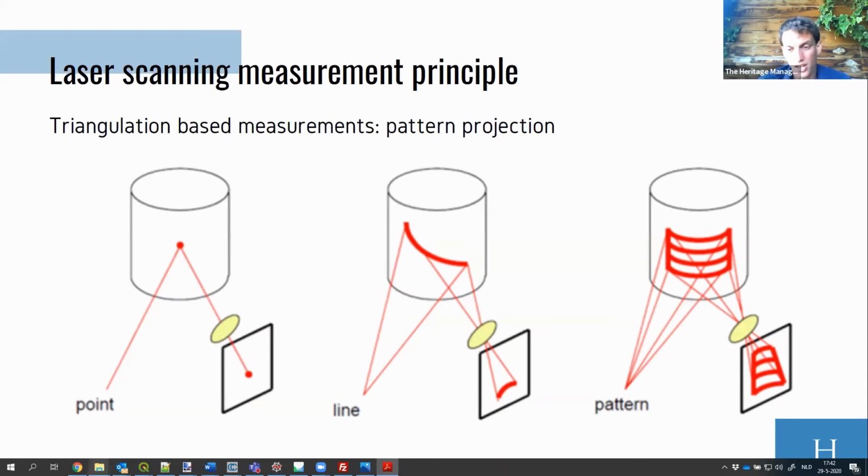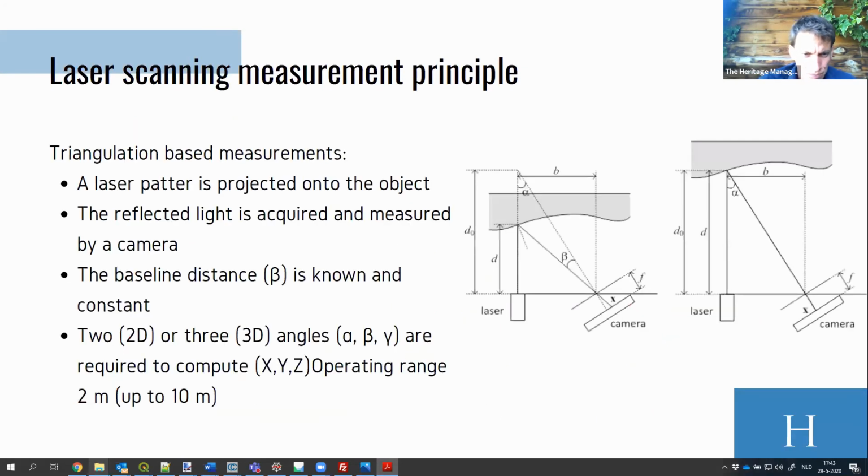If the object stays stationary and our pattern changes, it means that our orientation has changed, and based on the pattern itself, or based on the orientation of our point, or the location of the projection of your line, or the orientation of your point, the location of your point, you can actually derive the geometry of your object.